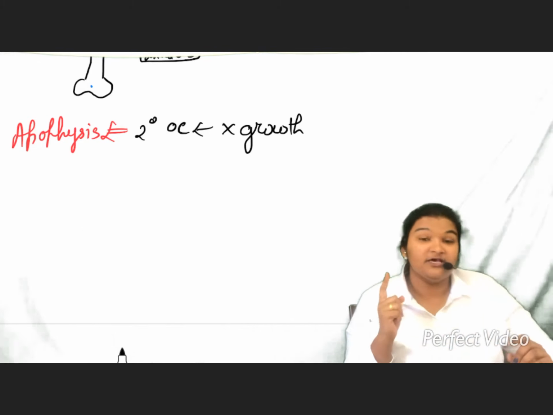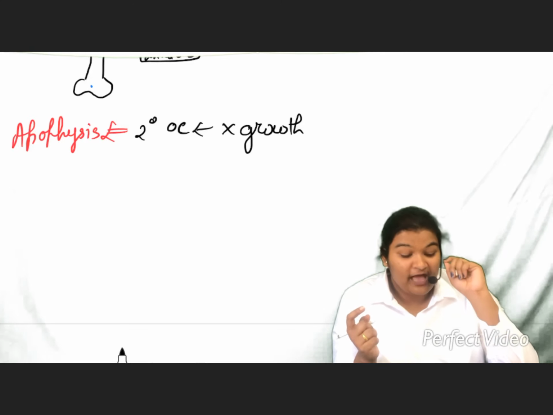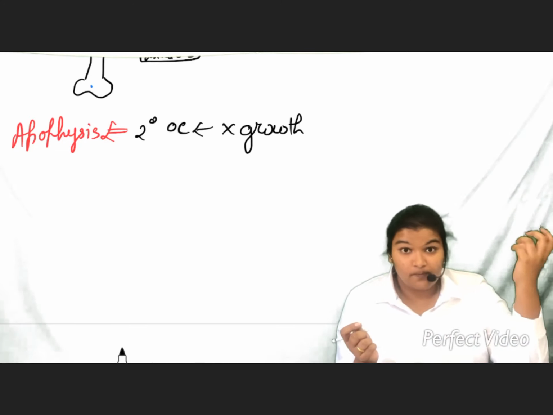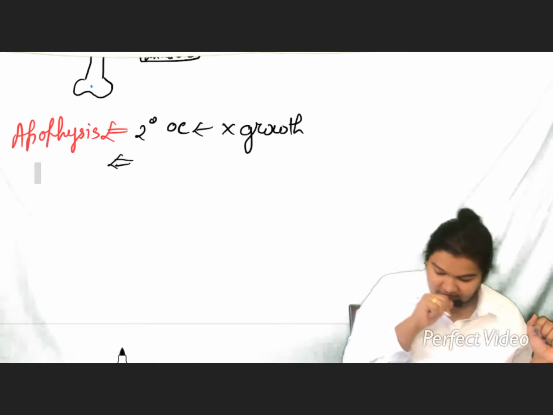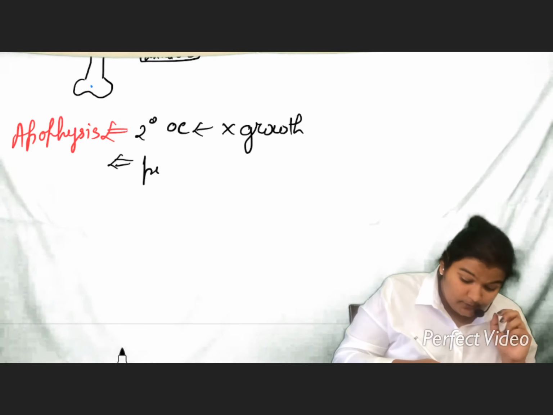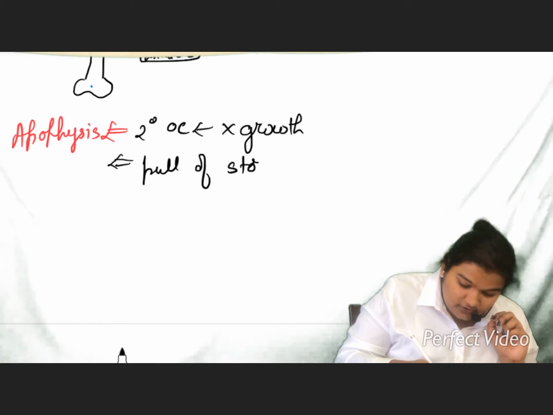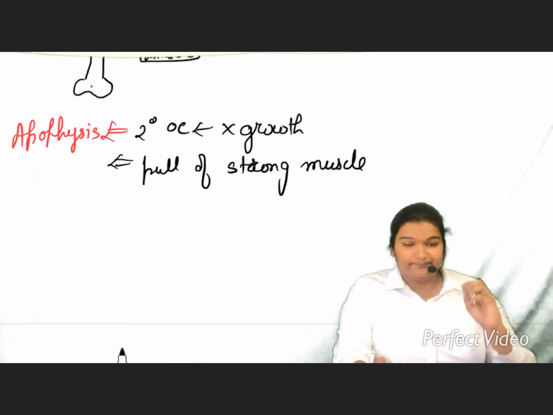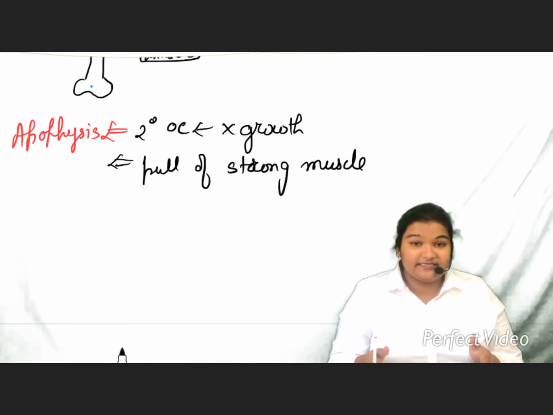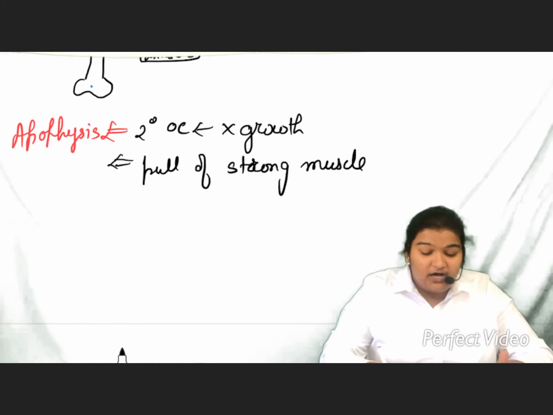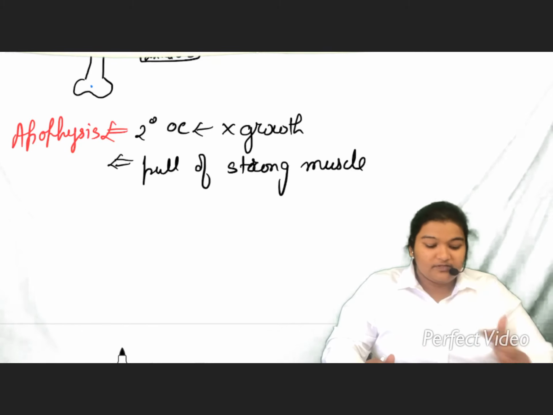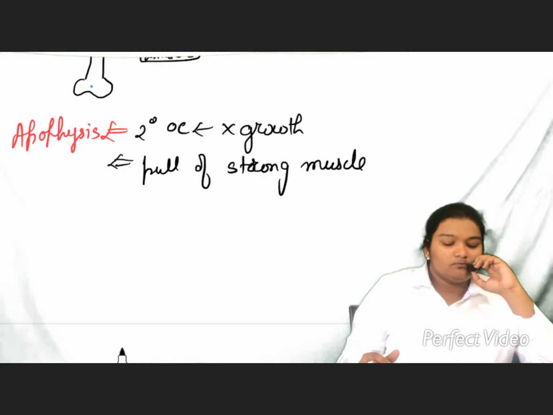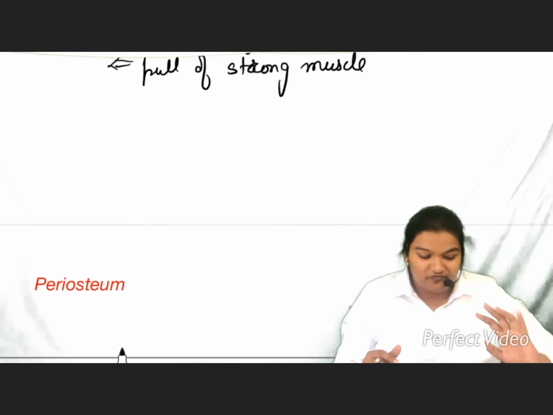One more point about the apophysis: it is produced because of the pull of strong muscles. So all these are the ossification centers present in the bone. We will cover how bone forms in the microscopy of the bone.